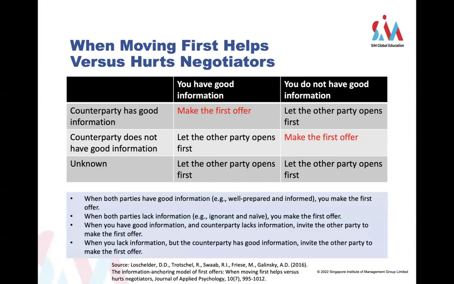The other party is just as ignorant as you. Then you should also make the first offer. Now, when you have good information, get the other party to make the first offer. When you don't have good information, but the other party has good information, also invite them to make the first offer. So these are just some guidelines on who should make the first offer.